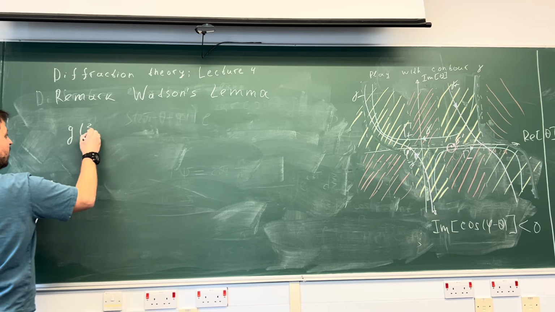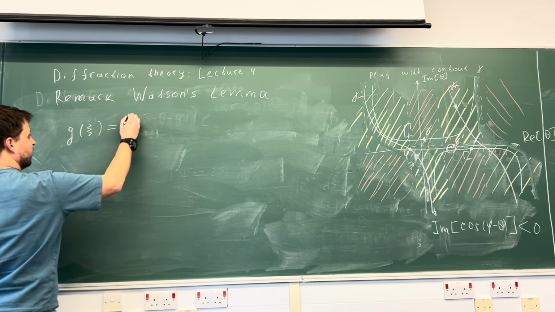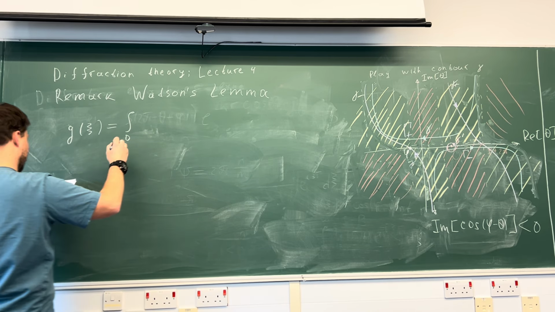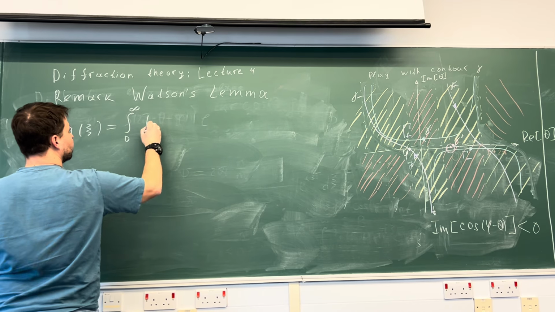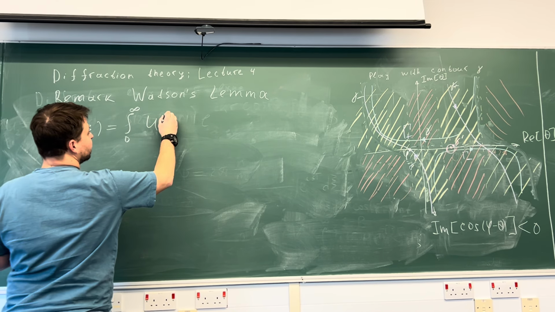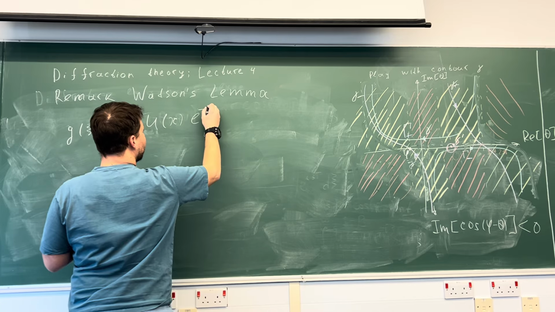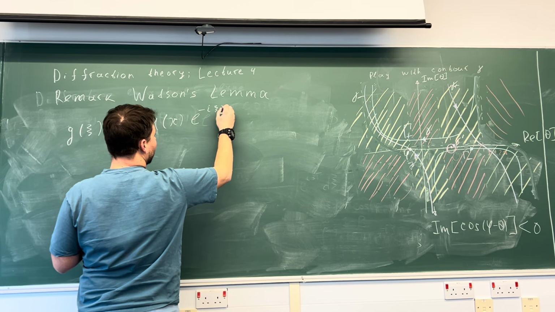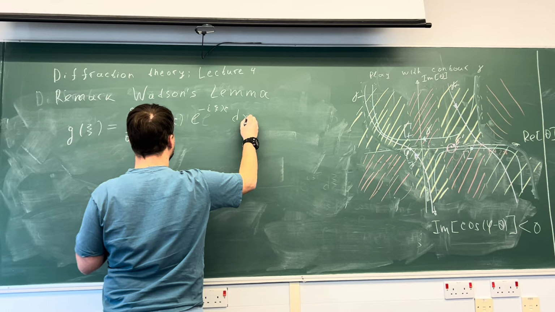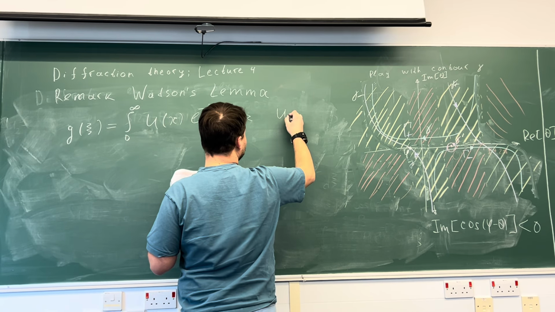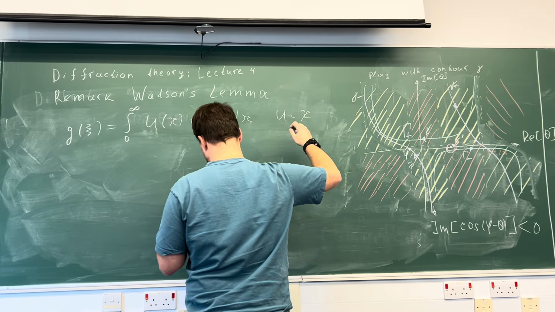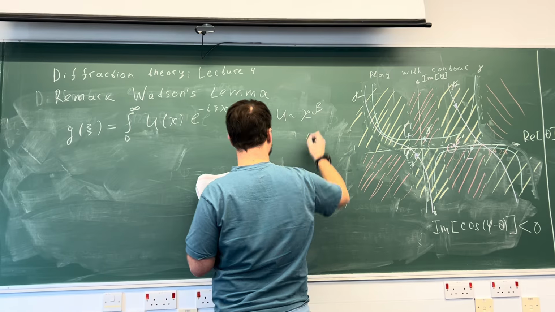We have a function defined as a half-space Fourier transform, and u behaves as x to the beta.